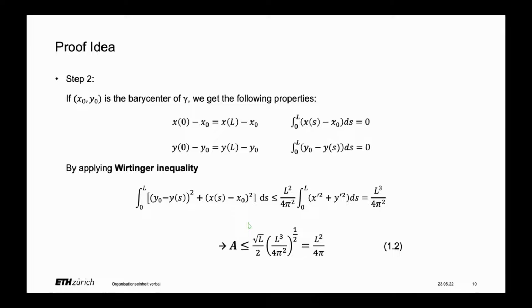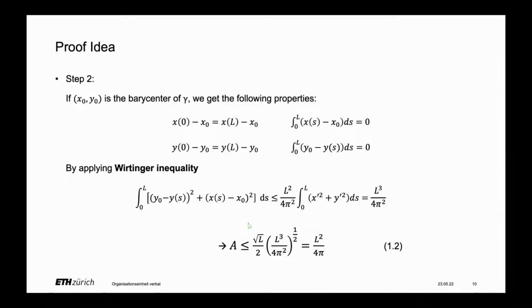This is exactly the formula we got before for A with the Cauchy-Schwarz inequality. And this is smaller or equal to L squared over 4 pi squared times the integral between 0 and L of x prime squared plus y prime squared ds, which is equal to L to the power of 3 over 4 pi squared.